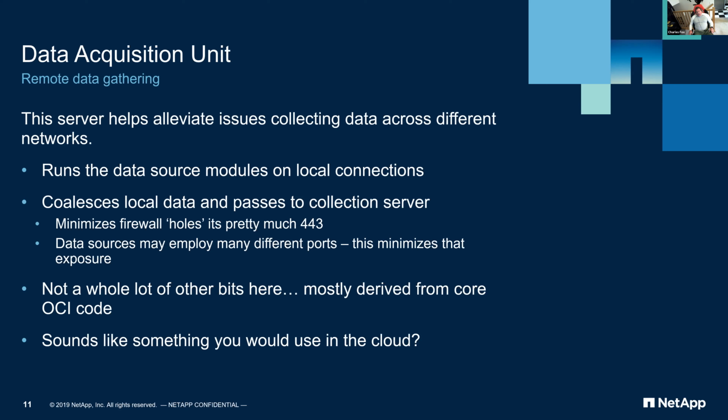So as cloud computing becomes more and more important, the data acquisition units become a more and more important potential component. It's funny, the on-prem and off-prem worlds are kind of flipping, so that now all the OCI components are ending up in the cloud, and maybe you're talking to cloud components as opposed to on-prem. This allows things to go both ways, enhances security, and makes data acquisition across disparate nets easier.